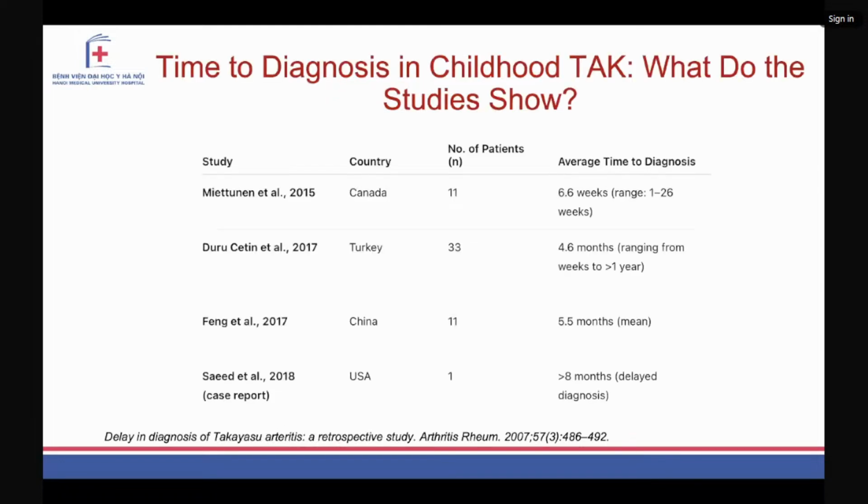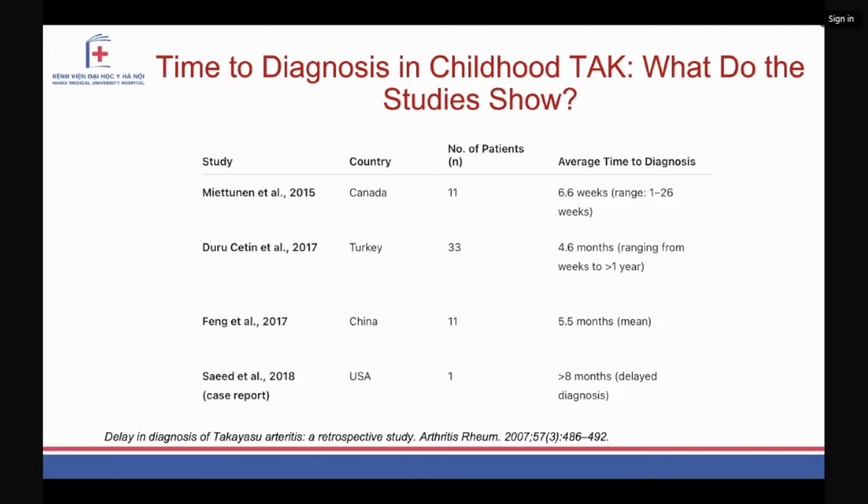And we summarize several studies that investigate how long it takes to diagnose Takayasu arteritis in children. You can see the time to diagnosis varies significantly by study and country. For example, in Canada, a study reported an average time to diagnosis of 6.6 weeks.